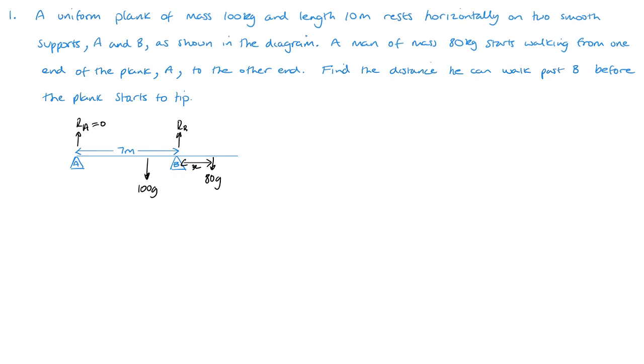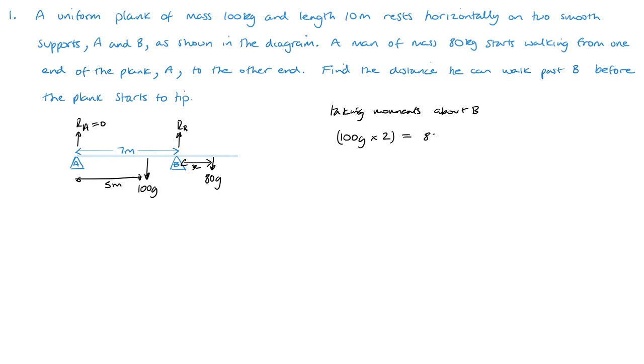Let's call this X. So taking moments about B, and we have 100g times. Now this distance here is 5 meters because it's the midpoint of the plank. So this must be times by 2 meters.